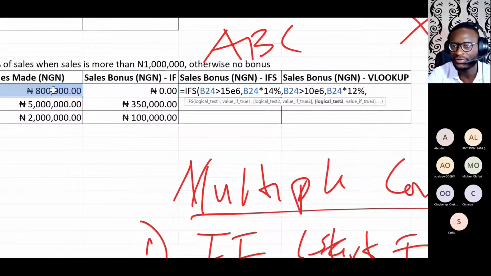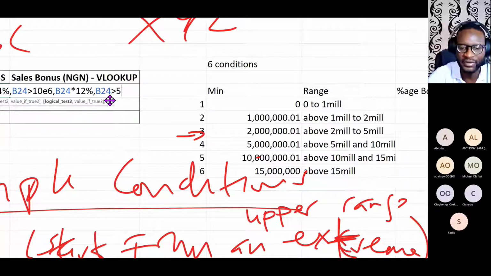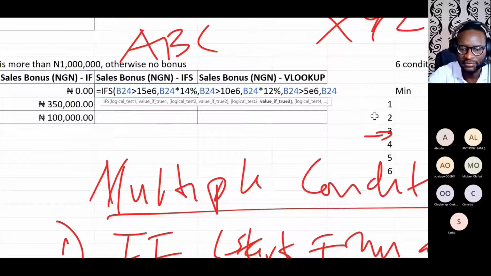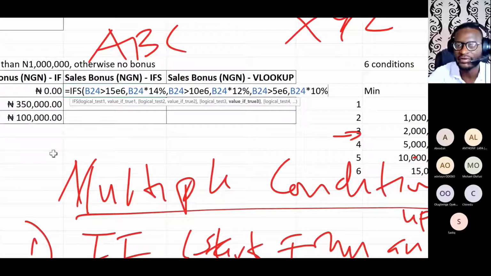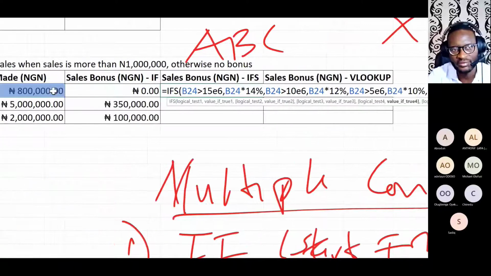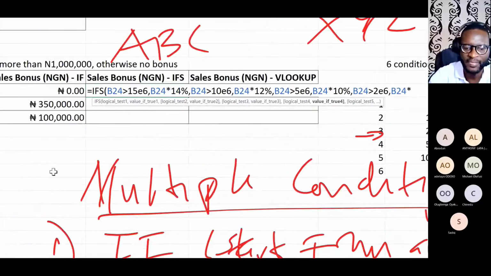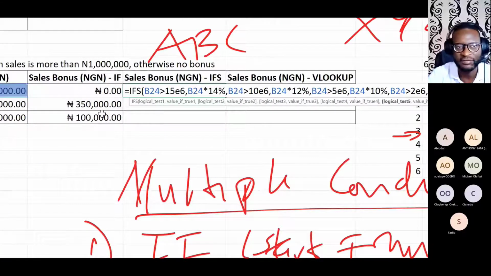Condition 3, we are going to 6 conditions. If this is greater than 5 million, take what he has done, multiply it by 10%, right? And then condition 4, if what you have done is greater than 2 million, then take what he has done, multiply it by 7%, and comma, condition 5.